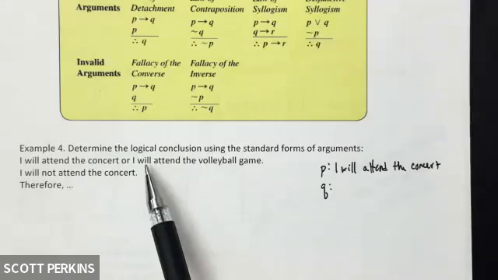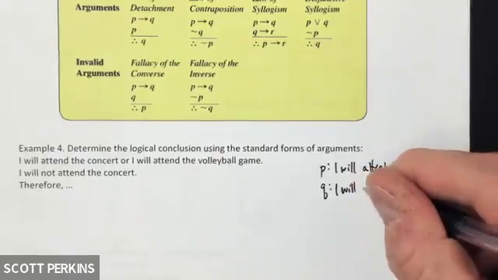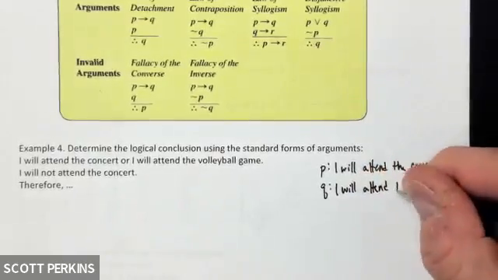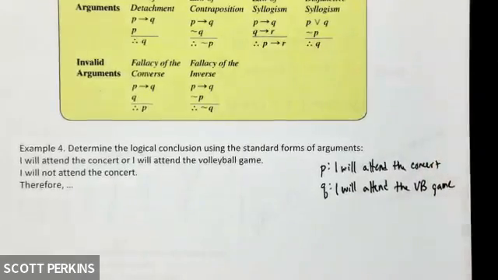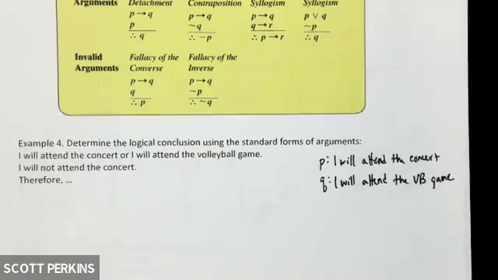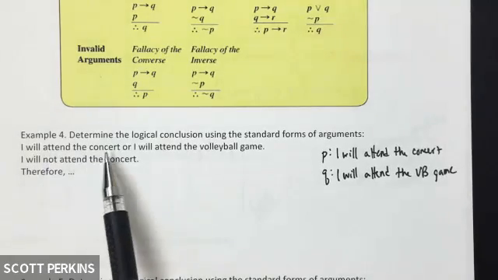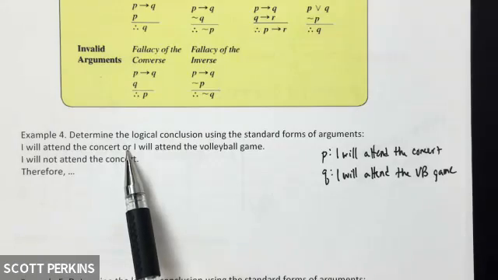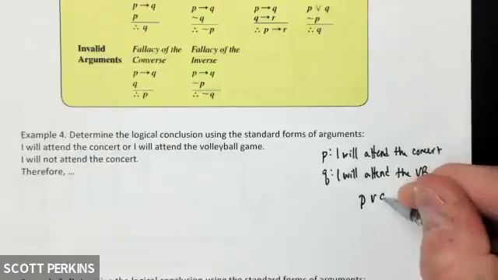I'm going to let Q be I will attend the volleyball game. So then let's write what we have so far symbolically. The first sentence is I will attend the concert, or, so it's a disjunction, I will attend the volleyball game. So that's P or Q.